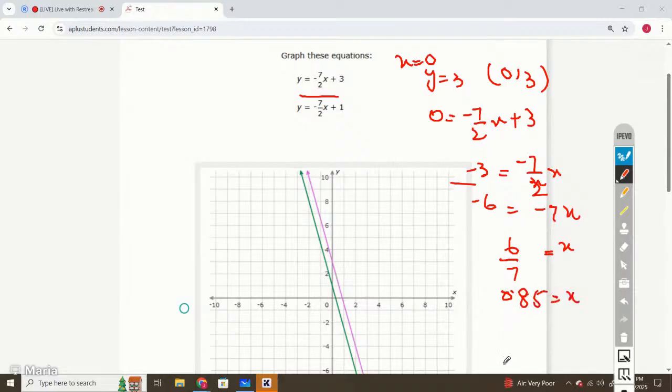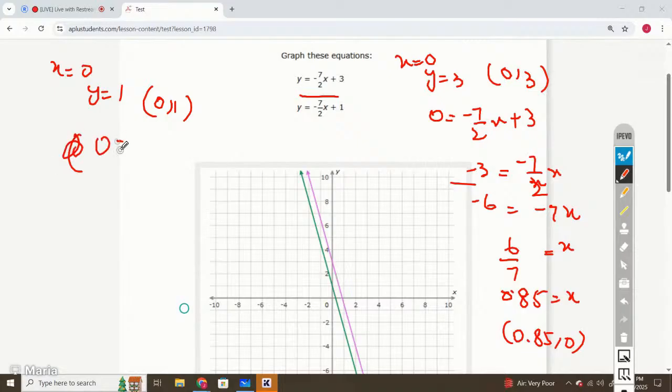So when y equals 0, 0.85 and 0. Okay, for the second equation, when x is 0, y equals 1. We have 0 and 1. And when y is 0, we have 0 equals negative 7 over 2x plus 1.